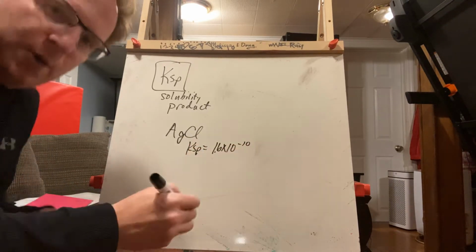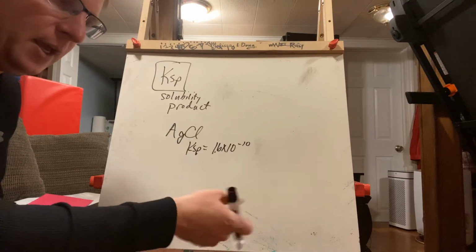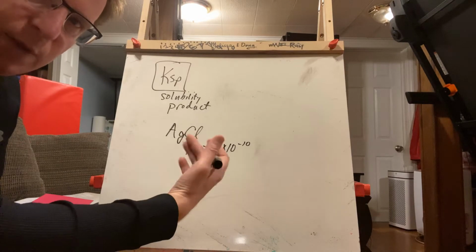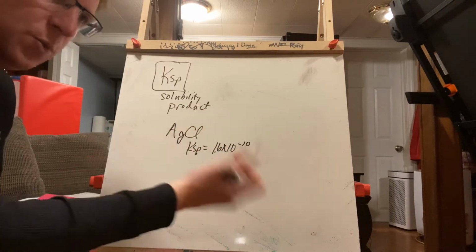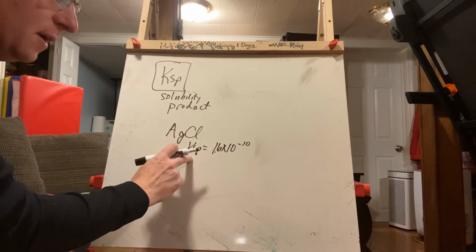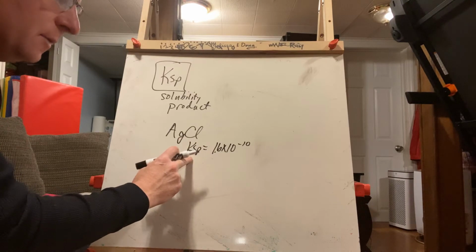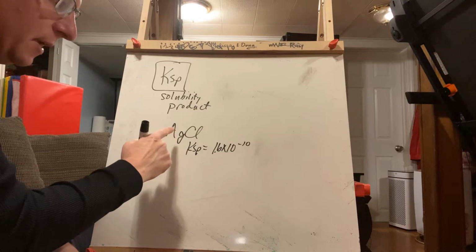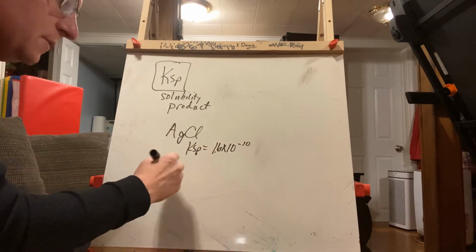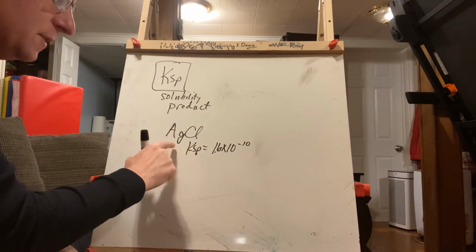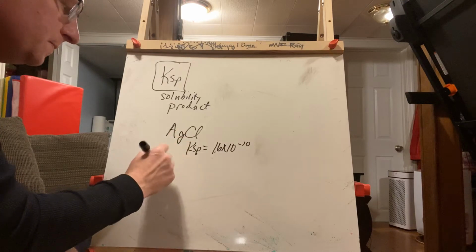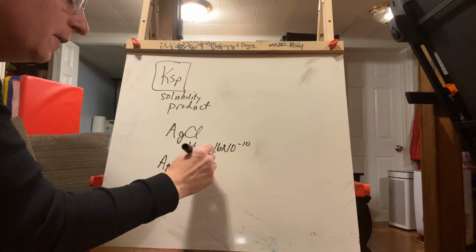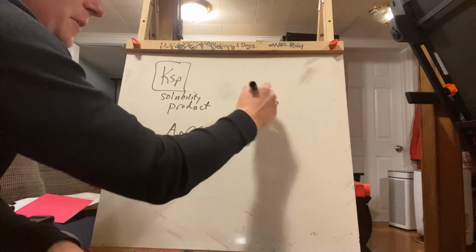Remember how before we had done acids like Kas and Kbs, and you had to know what those reactions were. It's the same thing with KSPs. So here's how this works. What that means is if you dissolve AgCl solid, you throw some water in there, it'll look like this.